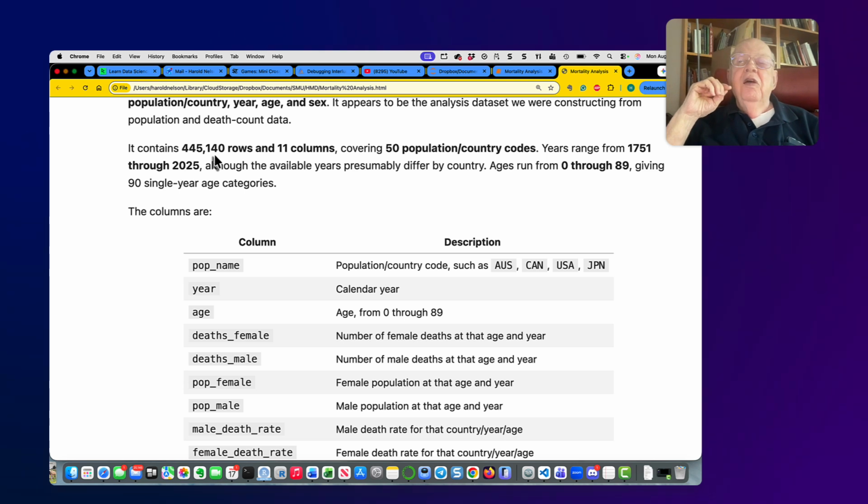So you've got data on 50 countries, and you've got single year of age data for females and males. I think you could probably come up with interesting questions to explore with this data for weeks and never stop enjoying yourself.